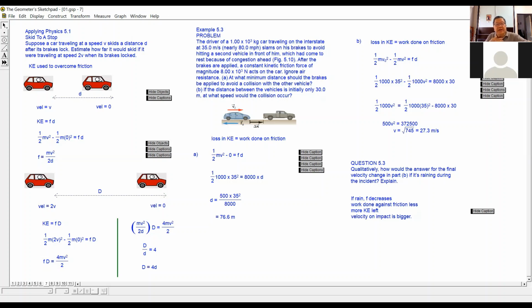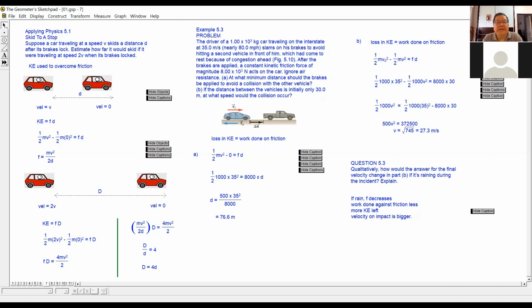They have to be 76.6 meters apart. But in the second case, it's too late already. The distance between them is only 30 meters now.